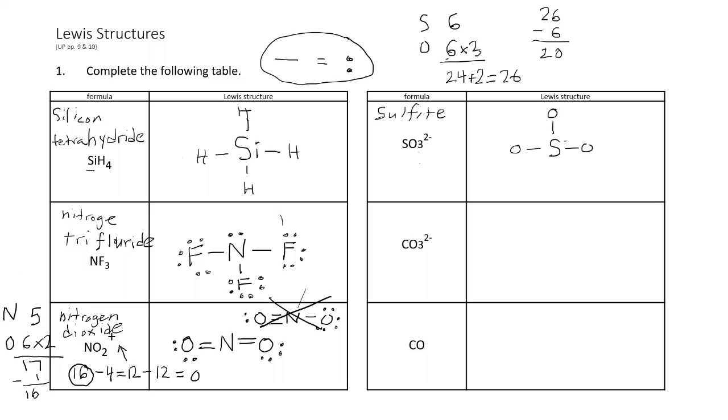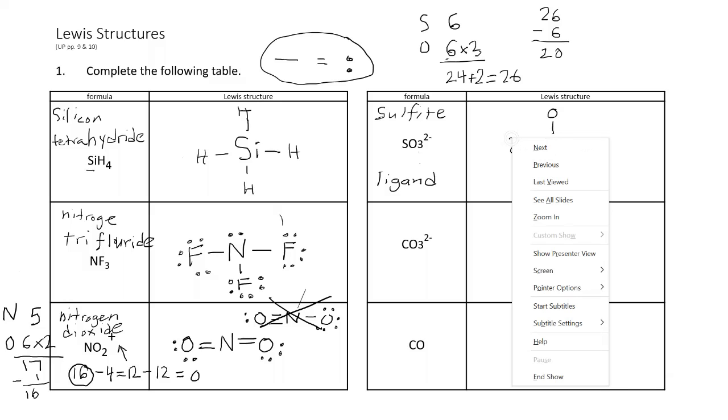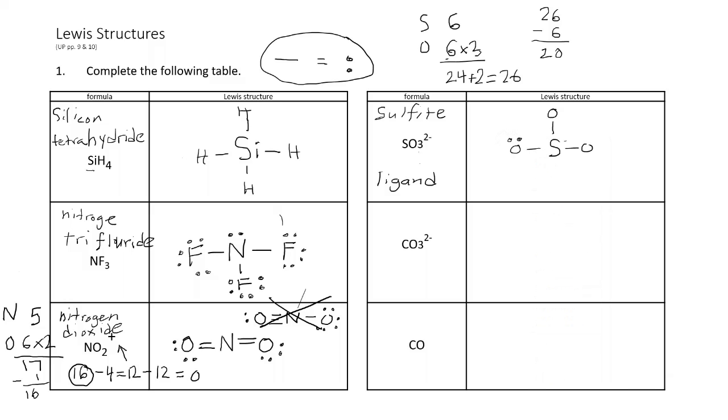Okay, so now I have to stabilize these atoms, making sure every one of them has 8. We always start with the outer atoms first. By the way, these outer atoms are called ligands. Like everything in chemistry, everything has a name. So these oxygens, these ligands, each of them needs 6 more because they have the single bond, they're sharing with the sulfur, that's 2, so I'm going to put 6 on this oxygen. 1, 2, 3, 4, 5, 6.